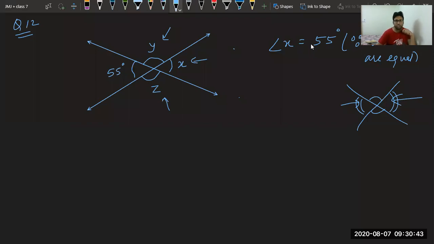Now comes the question, how will we find Y? If you see angle X and angle Y, they are forming a straight line, and they are also adjacent angles.